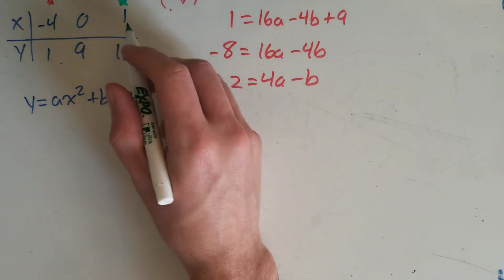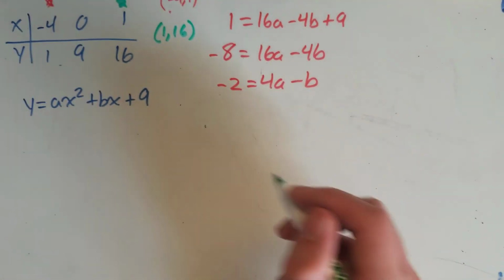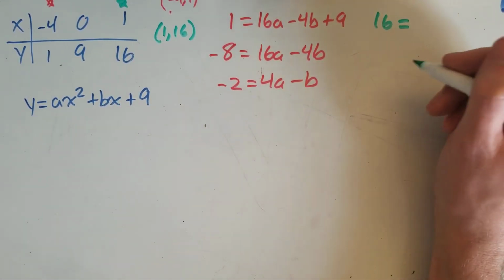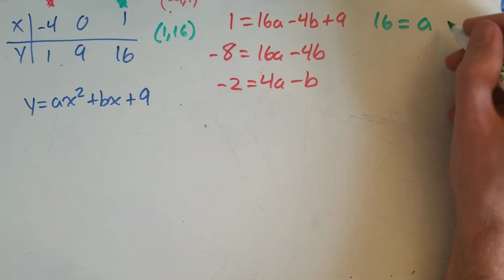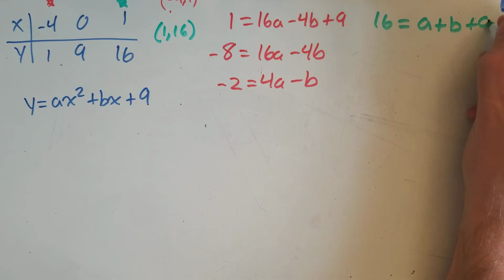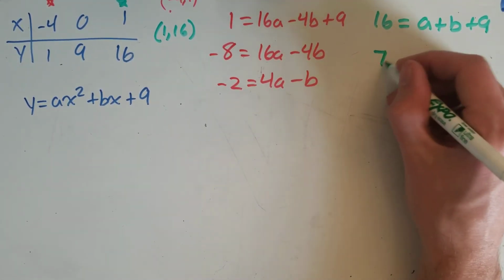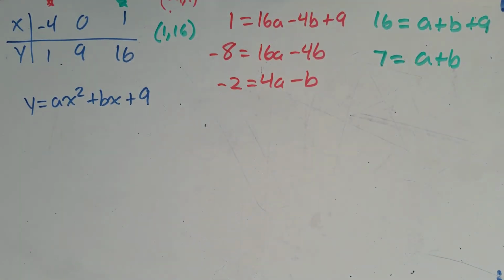So if we look at the green here, when x is 1, y is 16. So ax squared would be a times 1, which is a, plus b, plus our 9. So bring the 9 over, and you're going to end up with 7 equals a plus b as our second equation here.